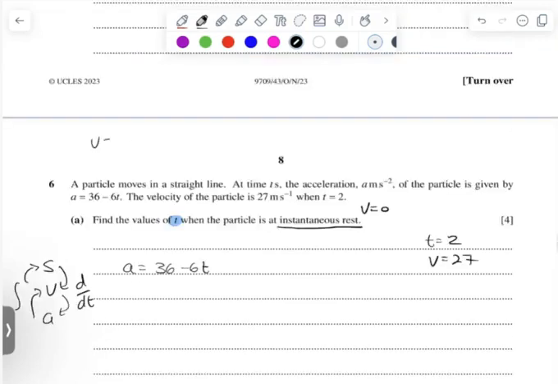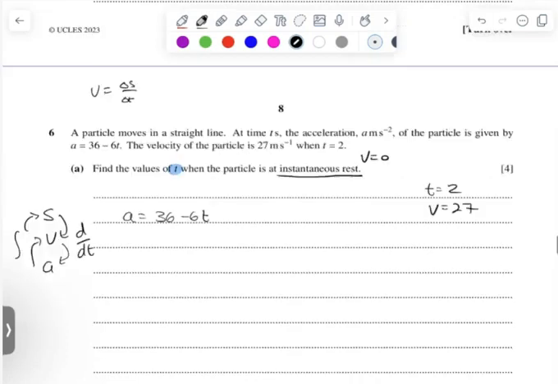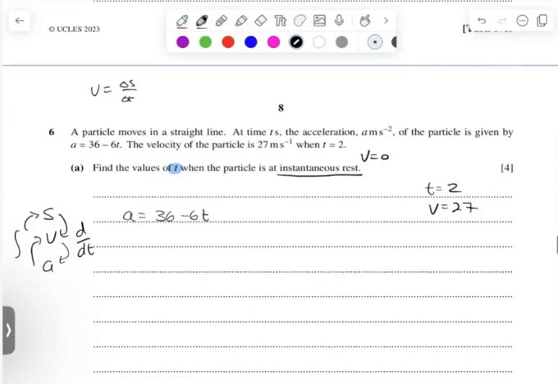Velocity is change in distance over change in time. That is basically looking at the gradient of a curve. But we're not looking at straight lines now, we're looking at curved lines. So we're not looking at the gradient between 2 points, we're looking at the gradient at a point, and that's why we bring in calculus, which involves differentiation and integration. Going down is differentiation, and then reversing it is integration.